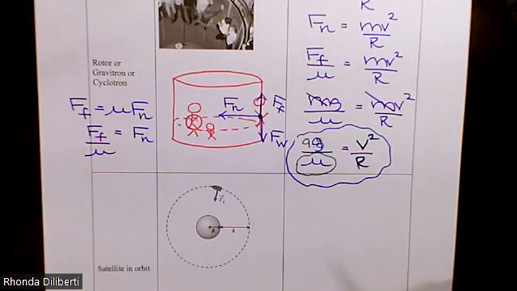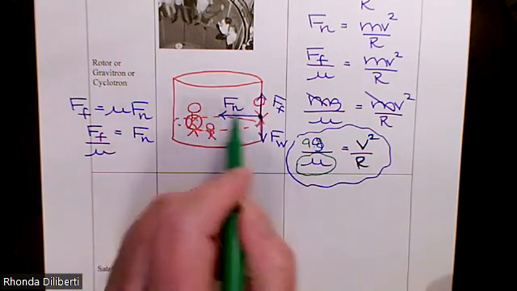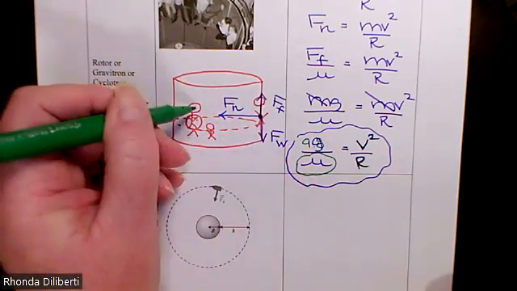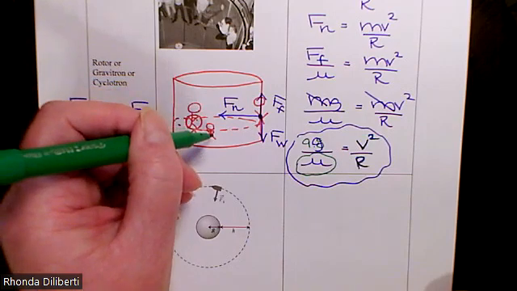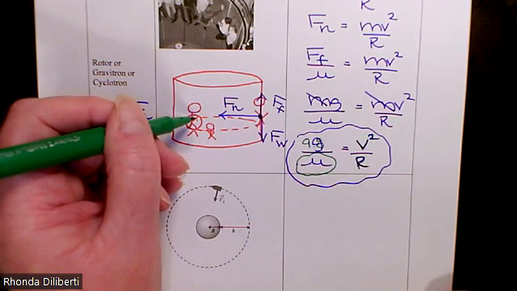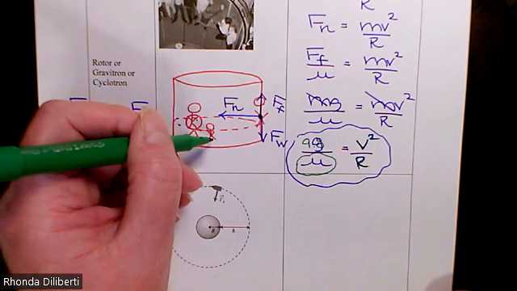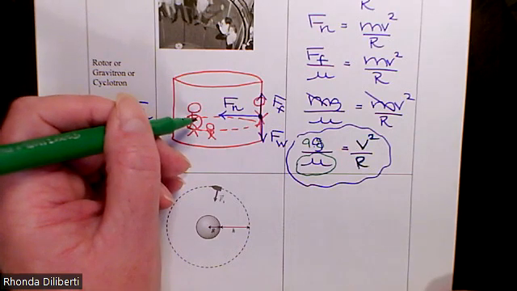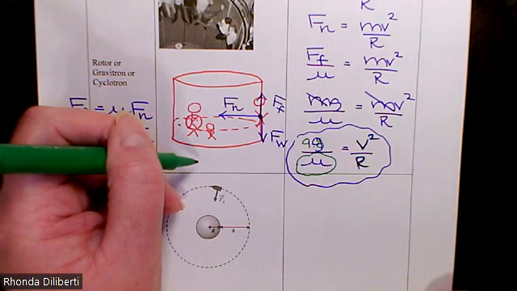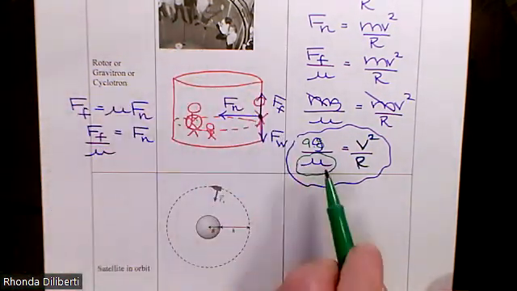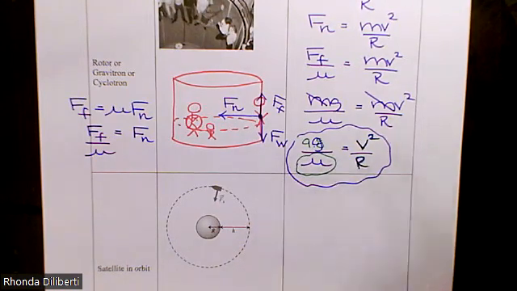What does that mean? It means when I look at the people, some people are up higher than other people. Like, why is this big person up higher than this little person? Seems like the big person ought to have fallen down more. The only thing that's different about these people is the coefficient of friction. What does that mean?